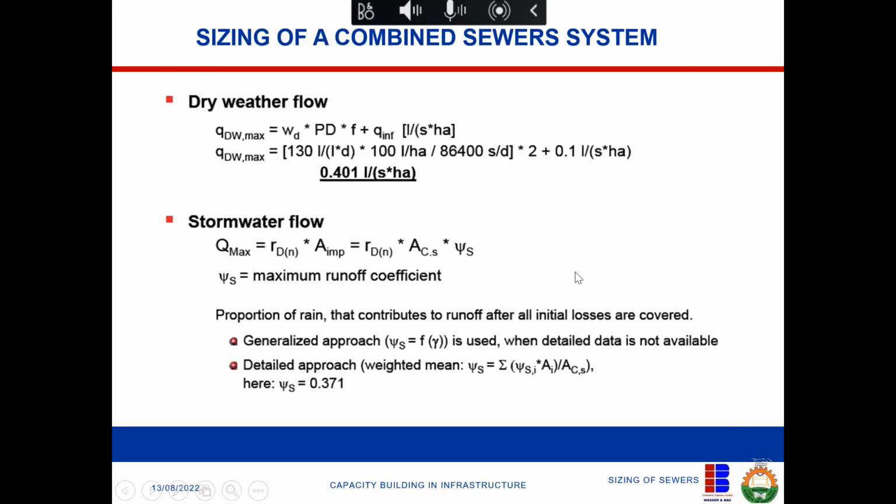But if you do the normal average, you're going to get like 0.5. And 0.37 is a better parameter to use because it captures more closely what is needed.